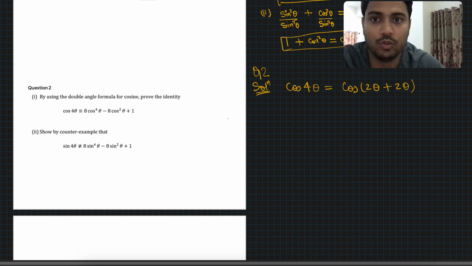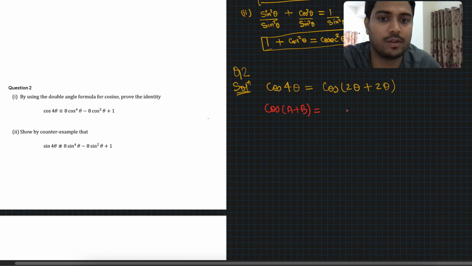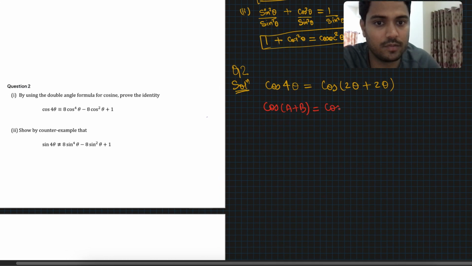And now we have to use the formula for cos A plus B, the expansion of which is cos A cos B minus sin A sin B.